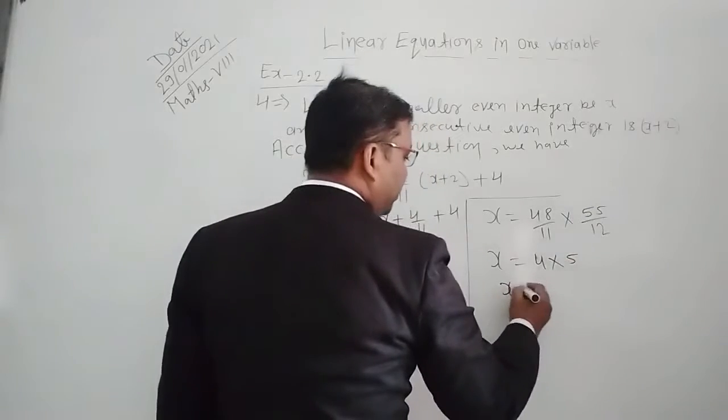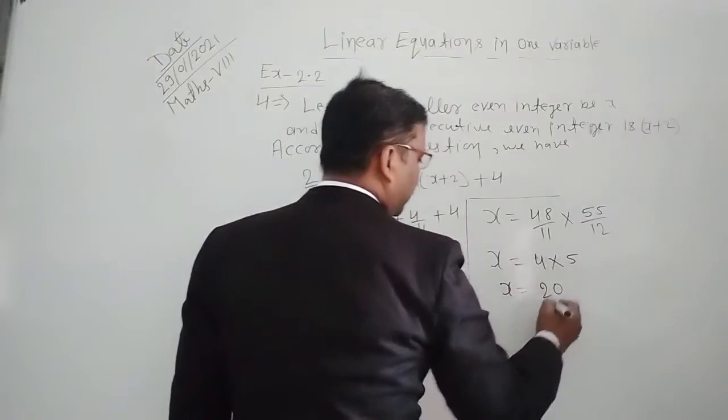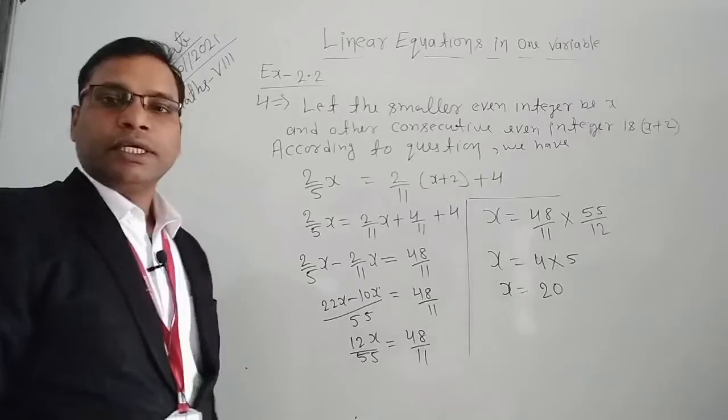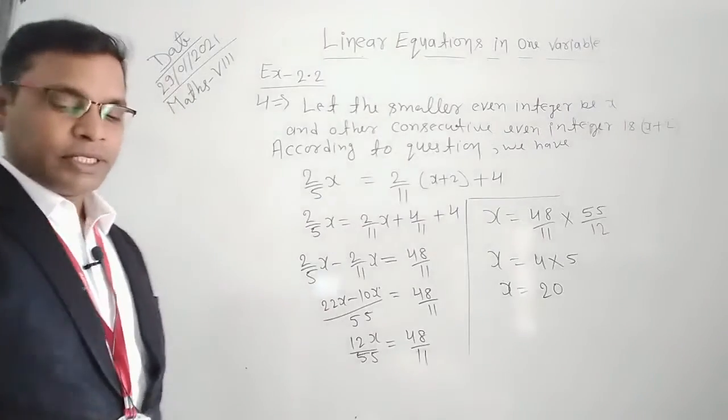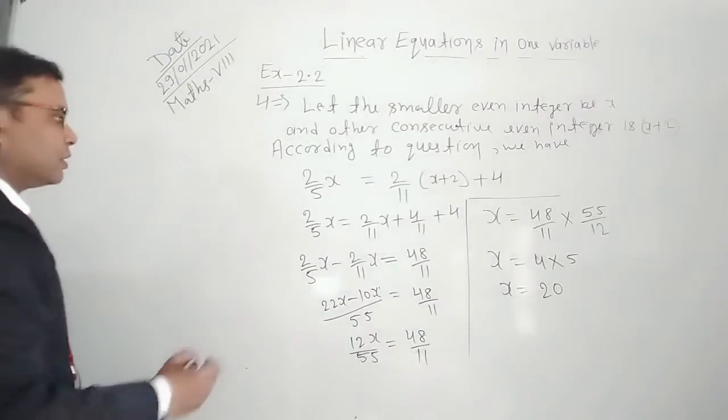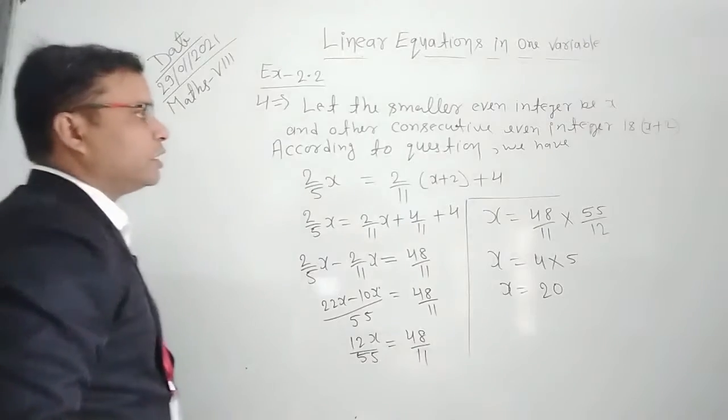So the value of x is 20. 20 is the smaller number, because we took the smaller number as x.